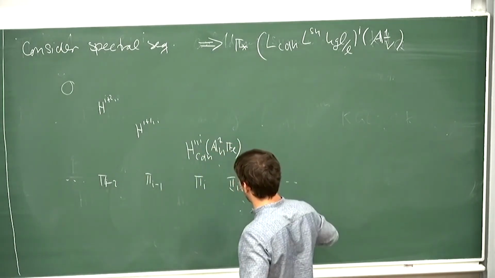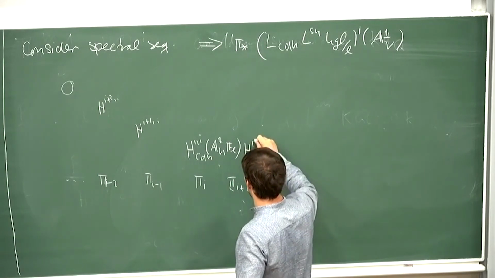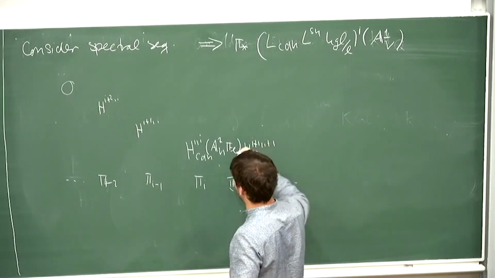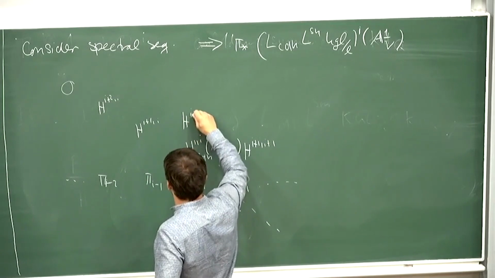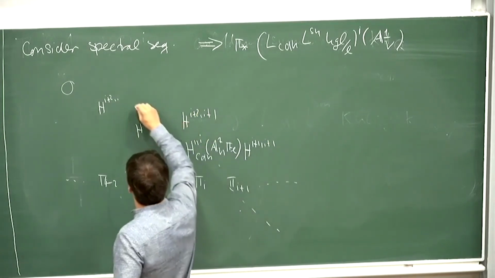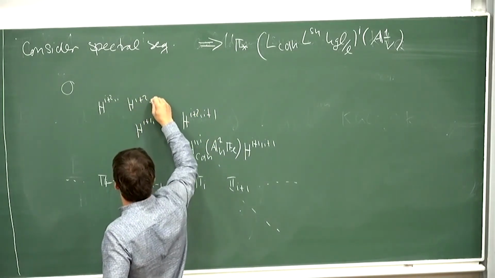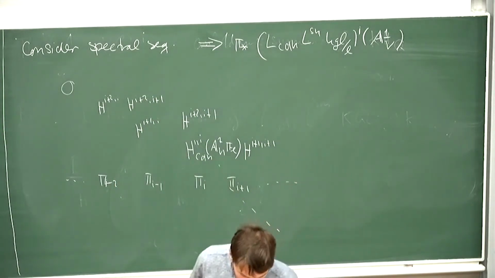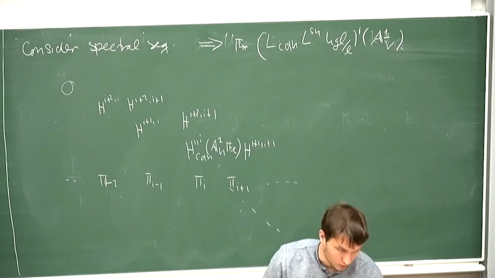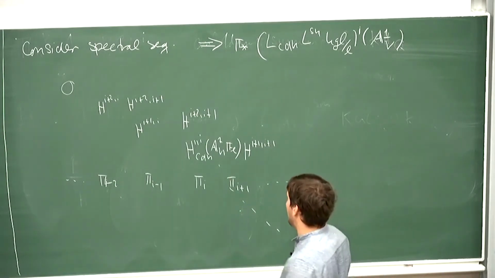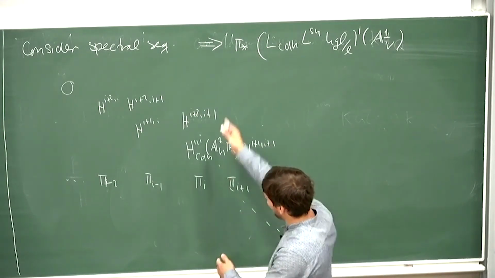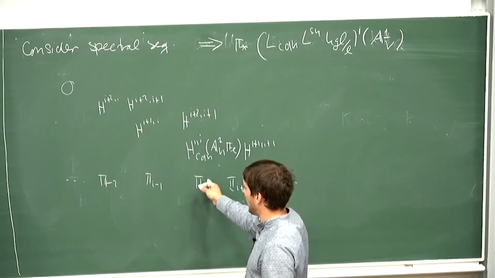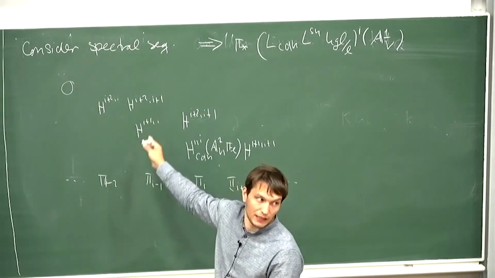But here's more stuff. It also goes in this direction, and there's something here, H^(I+1, I+1). And here we have H^(I+2, I+1), H^(I+3, I+1), these sorts of things. All right. So now the time is almost over. Everything in this column will somehow contribute to pi I. Everything in this column will contribute to pi I minus 1, and so on.